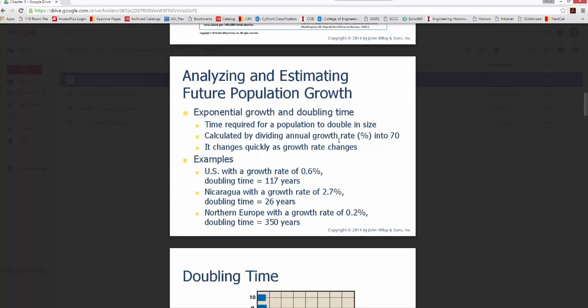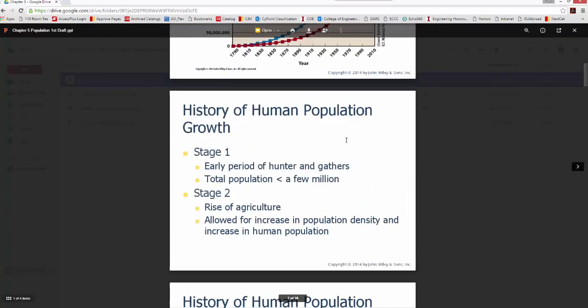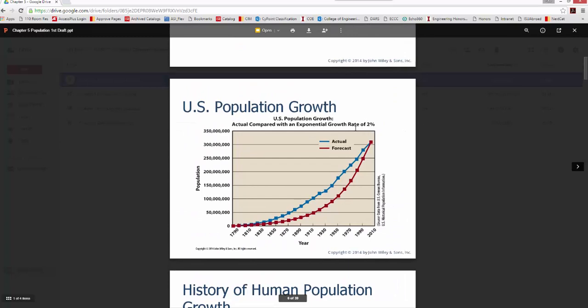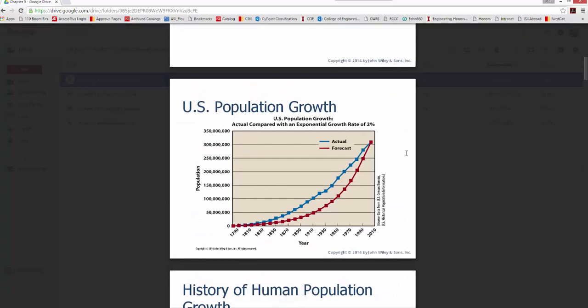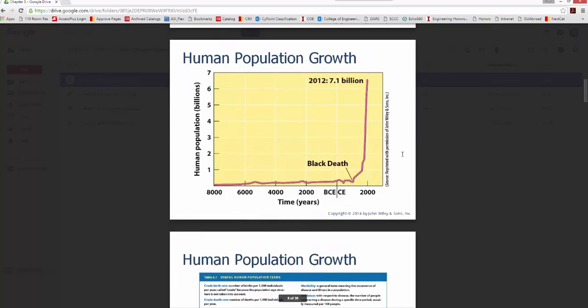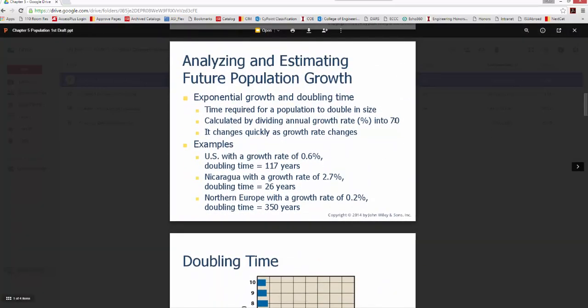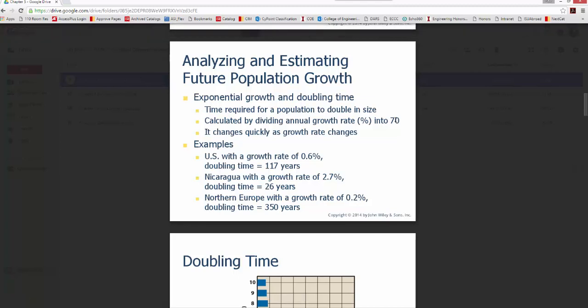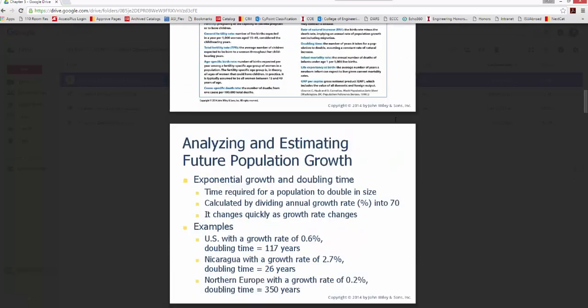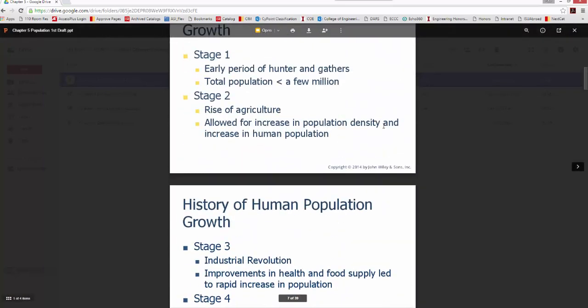So in the example back here, we were talking about a growth rate of 2%. If we take 70 and divide by 2, then you can expect a population to double in size every 35 years.